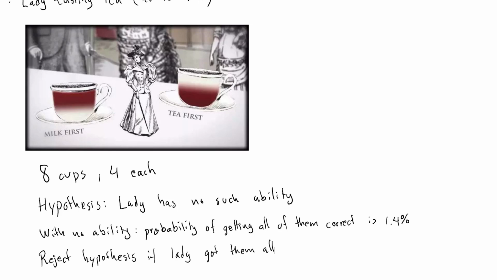Well, that's simply unknown. But we can calculate the probabilities based on stating the hypothesis as she has no ability, because no ability just means that we have to guess, and there is then just a 50-50 chance for each cup of getting that right.